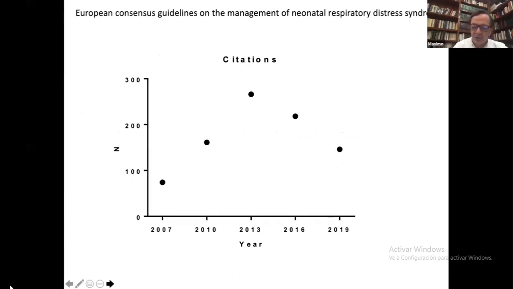Neonatology is a journal that is very broadly read in Europe, especially more than in America. I don't know about Australia, and our recommendations are followed quite closely by most of the European neonatologists.